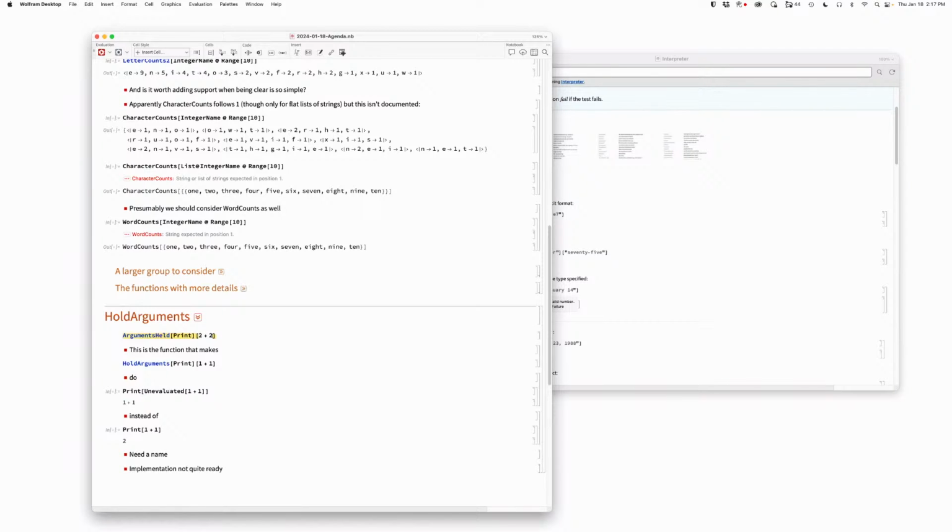Arguments held is a kind of passive thing. I agree that held is better than hold, but I personally would prefer held arguments of. I don't think that's the right thing. I think it's passive voice. It's like reverse applied. That would be, you know, reverse applied.